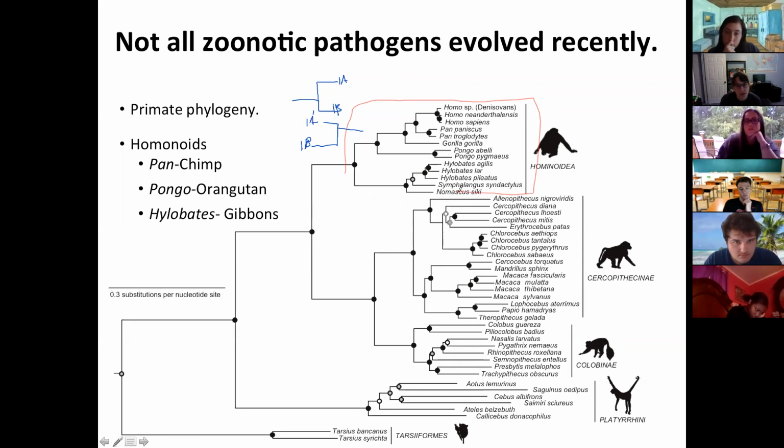So this is the hominoids. And just for common names over here, the genus Pan includes chimpanzees, Pongo is orangutans, and Hylobates are things like gibbons, although there are other species in there. I assume you guys know that Gorilla means gorilla. I didn't think I had to highlight that one.